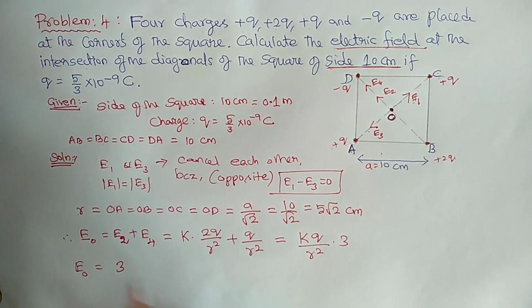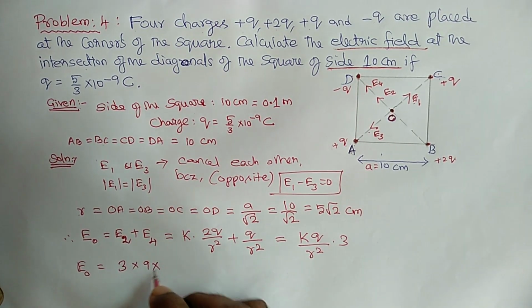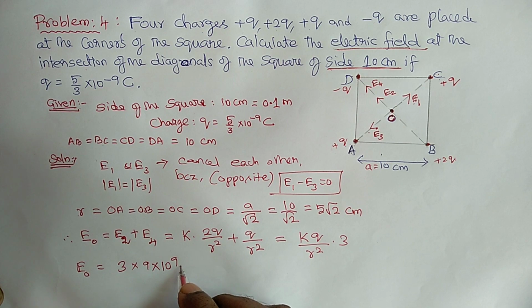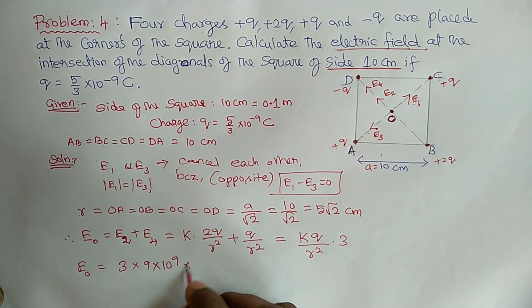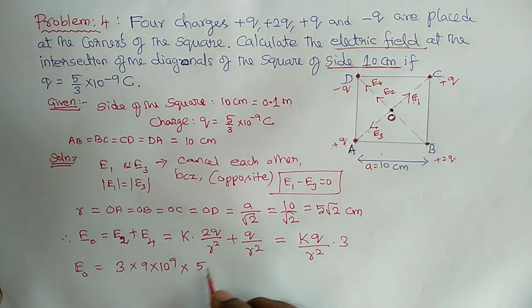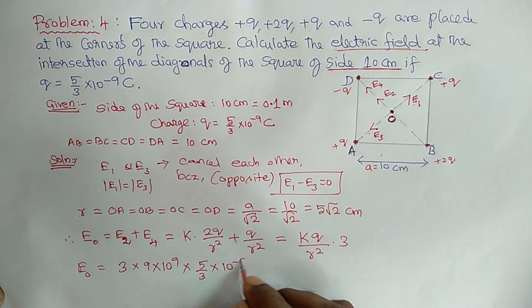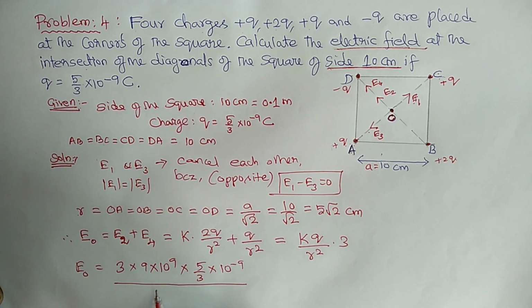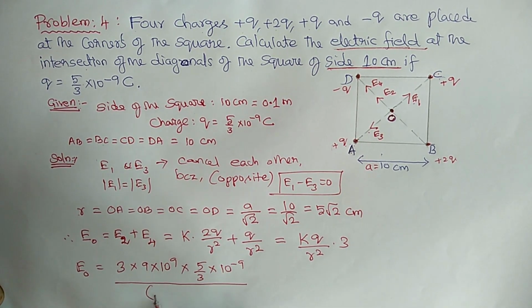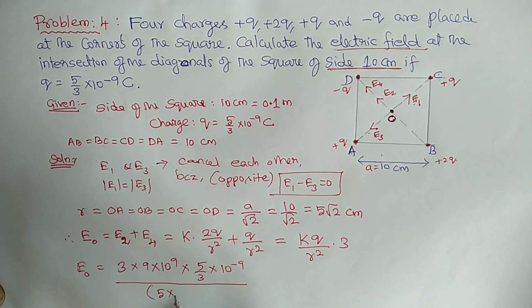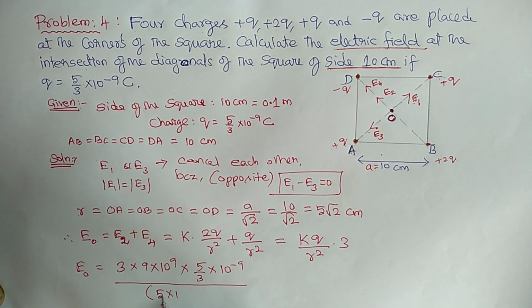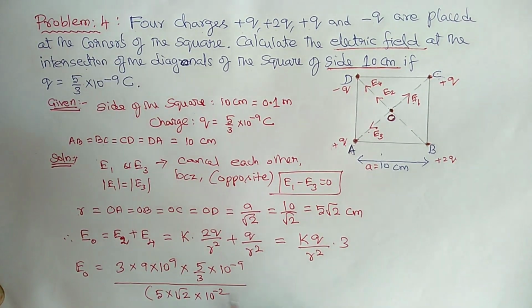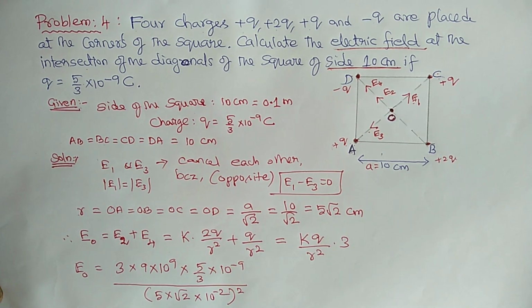Suppose we can write it as 3 into 9 into 10 power 9, then the charge 5 by 3 into 10 power minus 9, divided by r squared, which is 5 root 2 into 10 power minus 2 meter, the whole square.